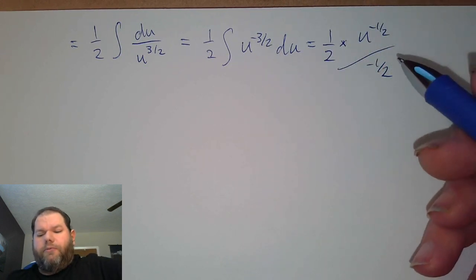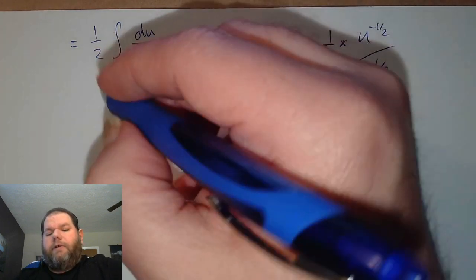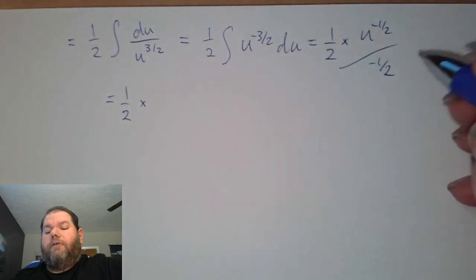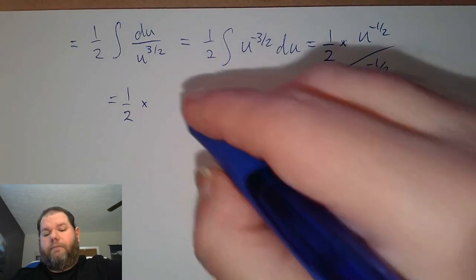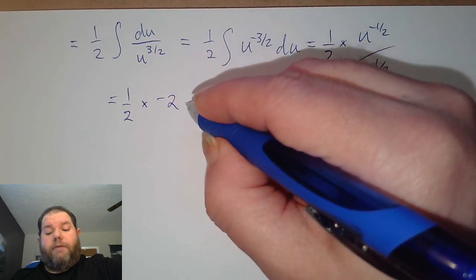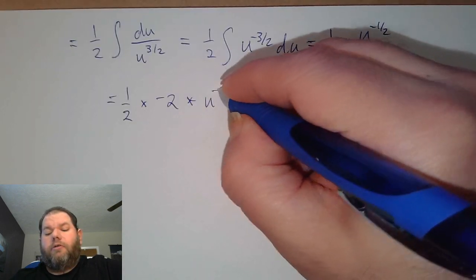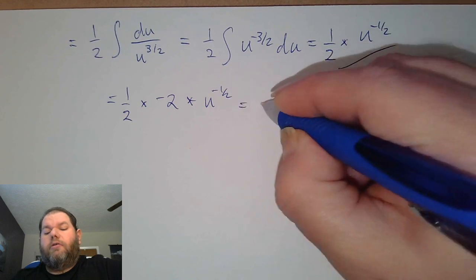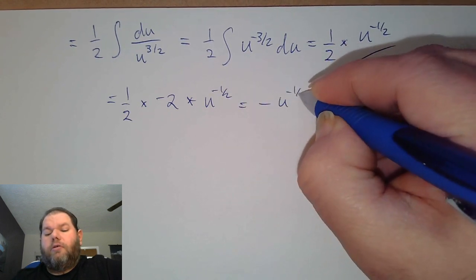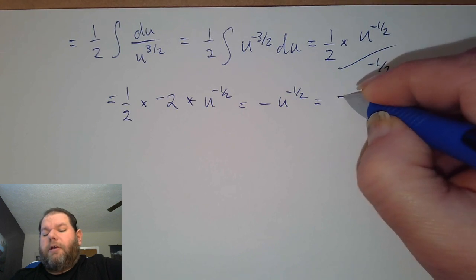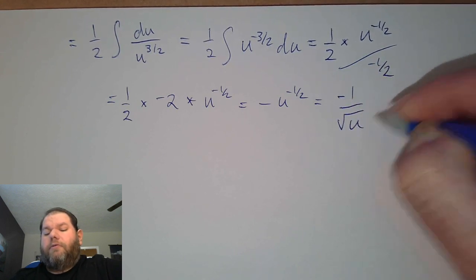So what we have, let's see, we can make that 1/2 times, now it's divided by negative 1/2, so that means it's multiplied by negative 2, multiplied by the reciprocal. And we just simplify from there, so we can make it negative 1 over square root of u.